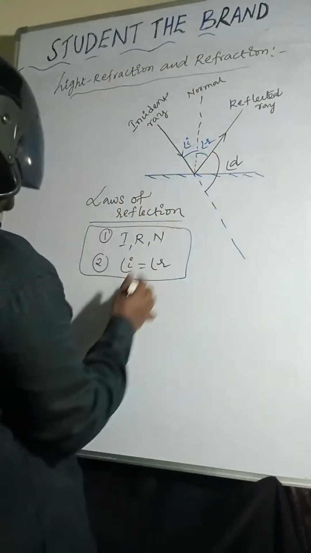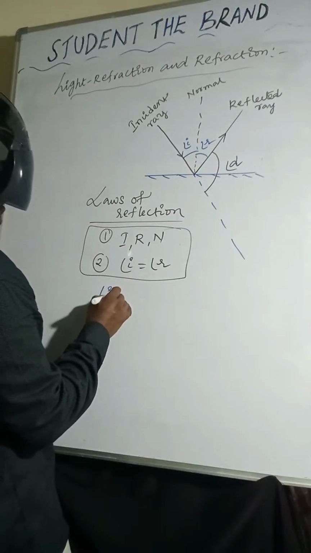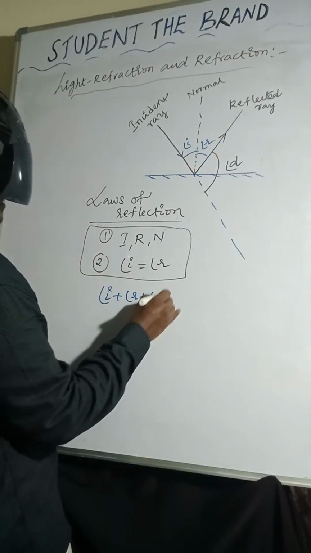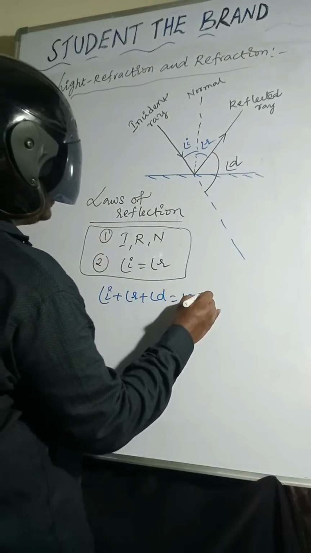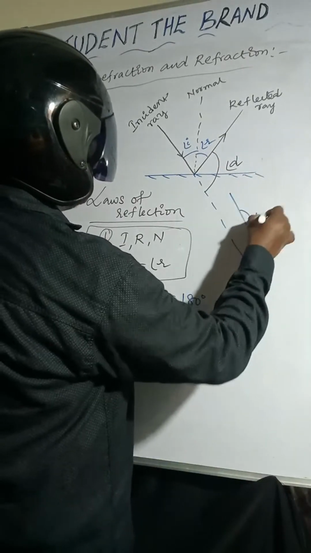Coming to the angle of deviation. Angle of incidence plus angle of reflection plus angle of deviation equals 180 degrees, because a linear angle is 180 degrees.